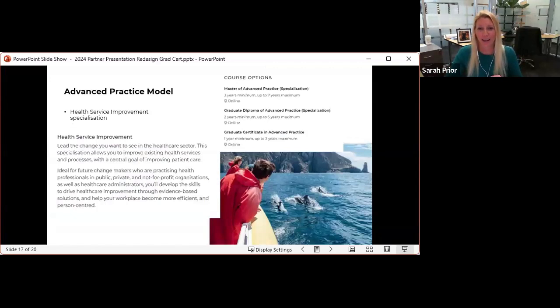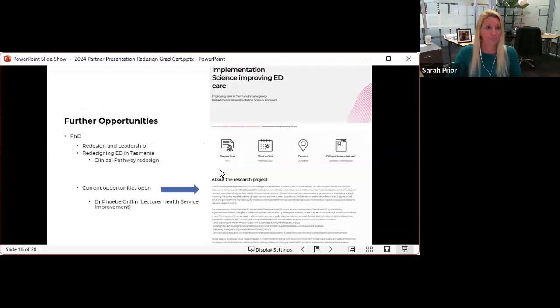So that's more of a choose-your-own-adventure type graduate diploma and master's degree. Some of the other specialisations in that graduate diploma and masters include healthcare education, governance, supply chain and logistics, workplace psychology, dementia and organisational performance. So that's another pathway following the graduate certificate in healthcare redesign.